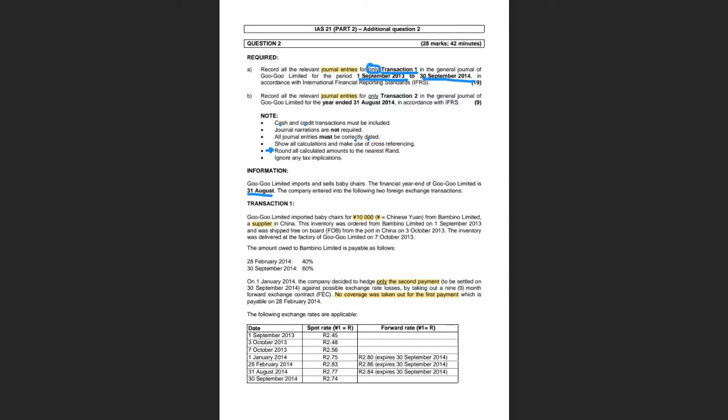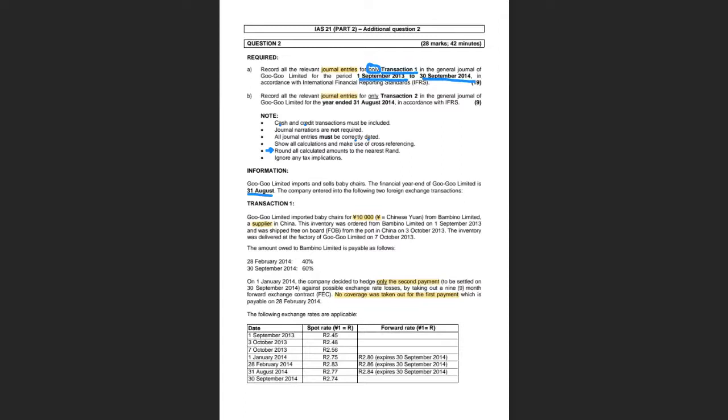Firstly, that's 13 months, so it's not 12 months, it's 13 months. We're starting on the first day of the financial year, and we're completing that entire 12-month period. And then we're going to have to revalue our monetary items at year end.